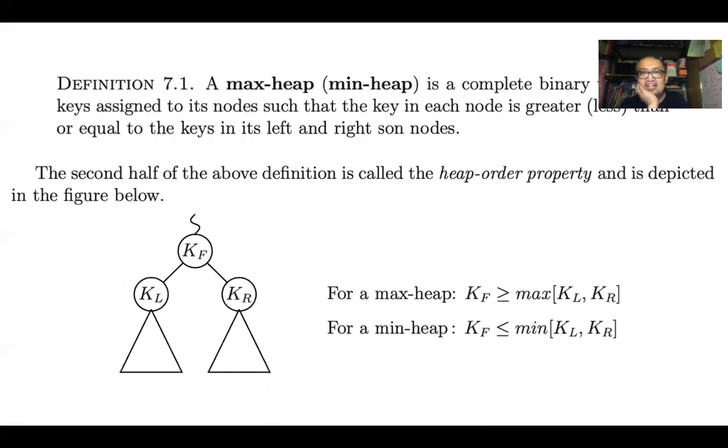When we say max heap or min heap property, the idea is that the root of the tree is greater than, or less than if it's a min heap, the value of the roots of the two subtrees.